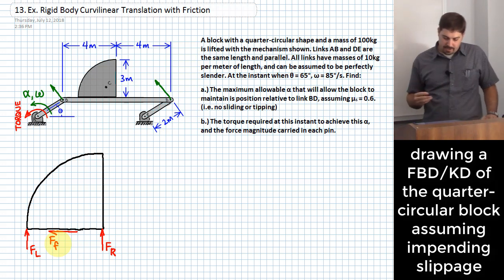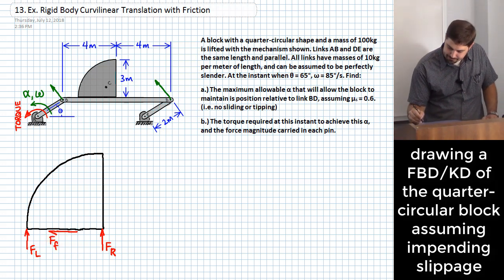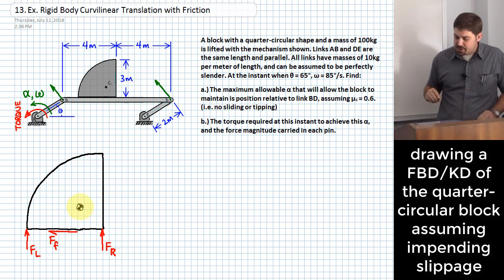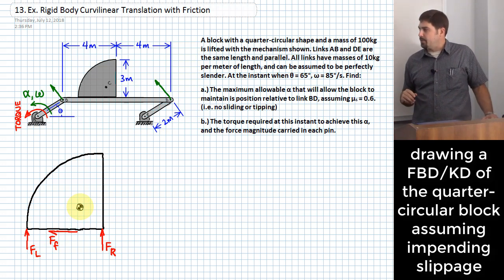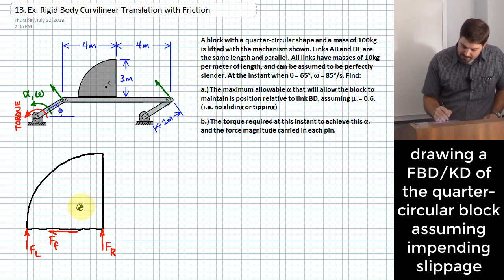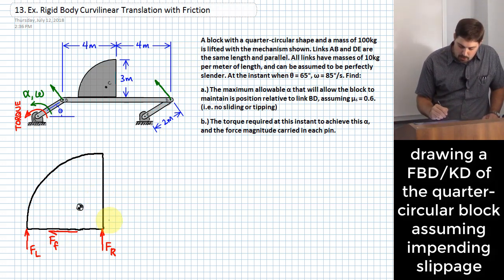What else can I do on this block? Well, I know where the CG is for the block, and I won't spend time looking it up per se, but I will represent to you that you can find this if you know the radius of this quarter circle, which in our case is 3 meters.